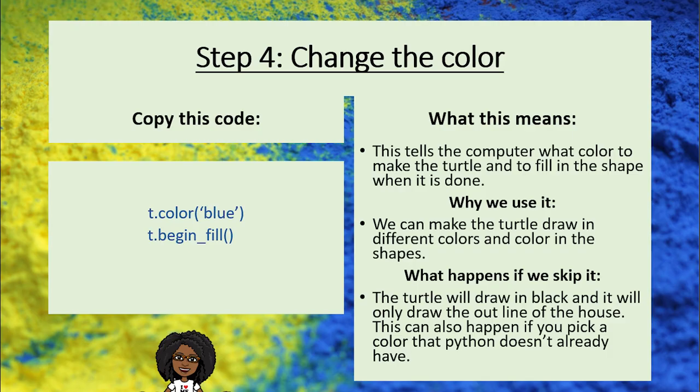Why we use it? We can make the turtle draw in different colors and color in the shapes. What happens if we skip it? The turtle will draw in black and it will only draw the outline of the house. This can also happen if you pick a color that Python doesn't already have.